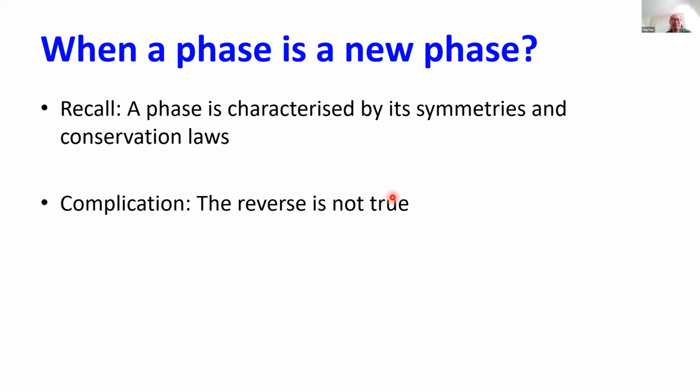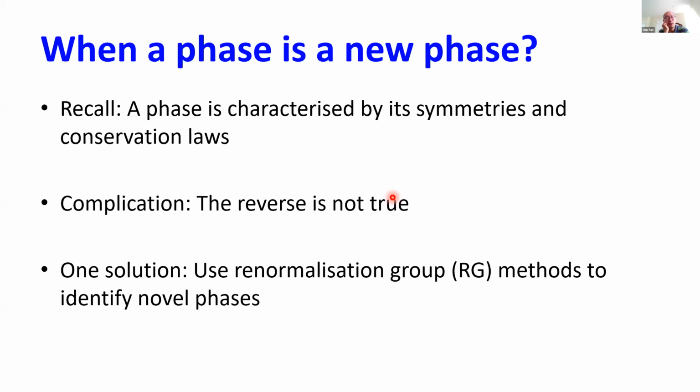But unfortunately, it's not easy because, in fact, the reverse of the definition is not true. Systems with distinct symmetries can belong to the same phase, can have the same hydrodynamic behavior. So even if you have identified new symmetries, it doesn't mean that the system you're studying constitutes a new phase in physics. So what do we do?